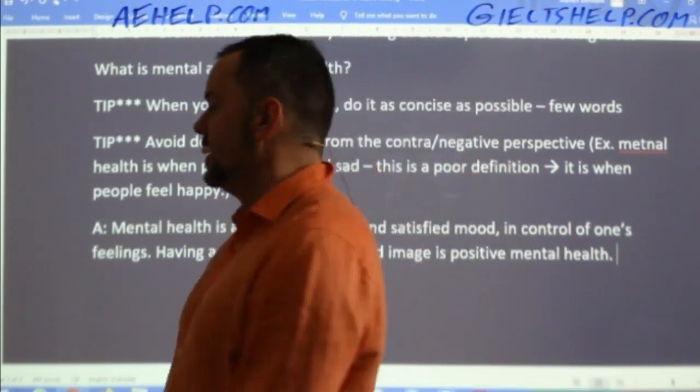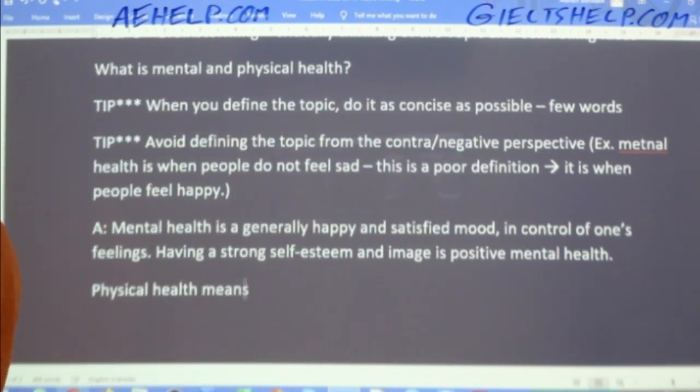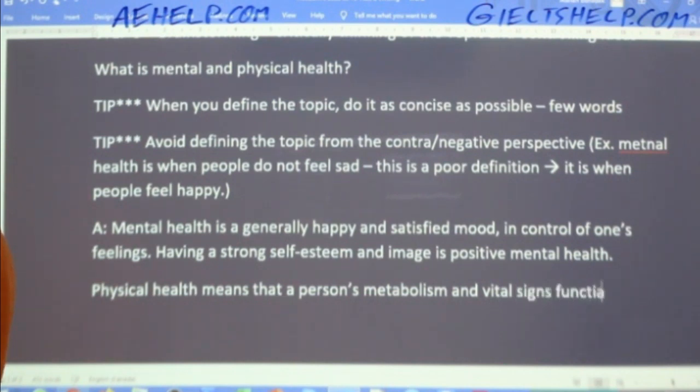So physical health means that a person's metabolism and vital signs function appropriately for their given age, gender, and height.